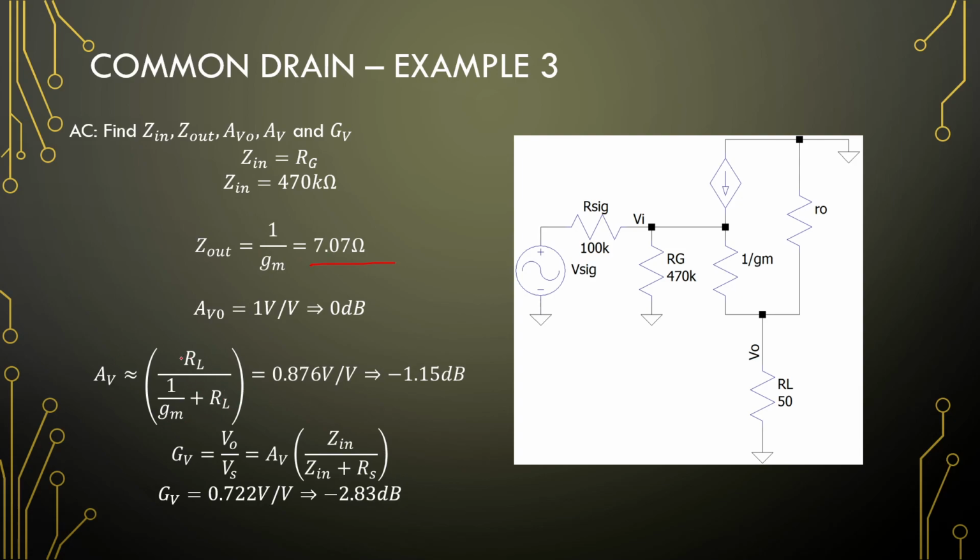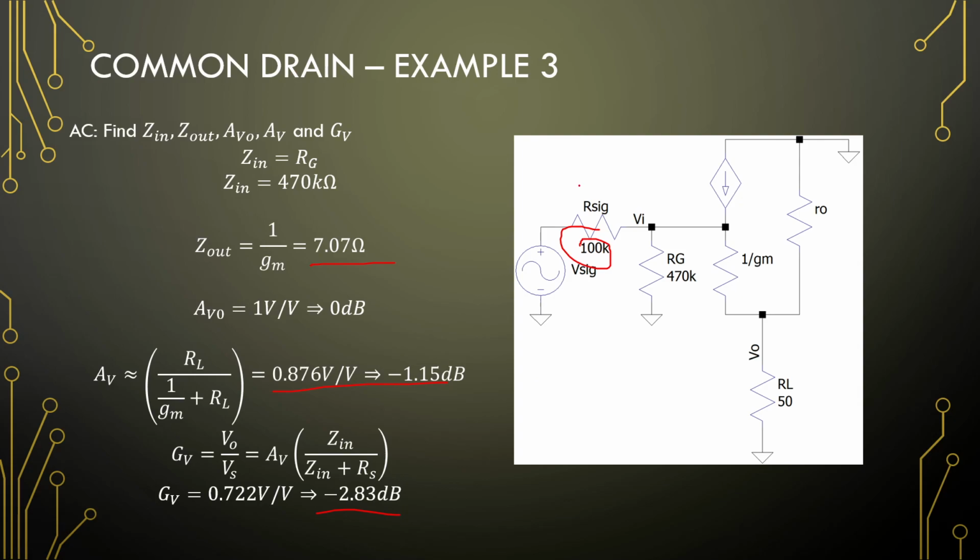Our gain now becomes R load over 1 over GM plus R load, minus 1.15 dBs, and with a large input impedance, I use the very large signal resistor, we now have minus 2.83 decibels right there.